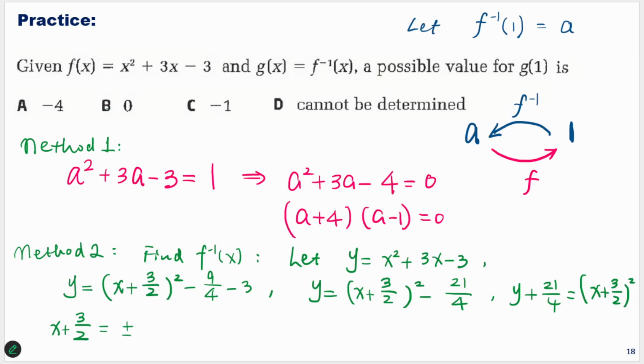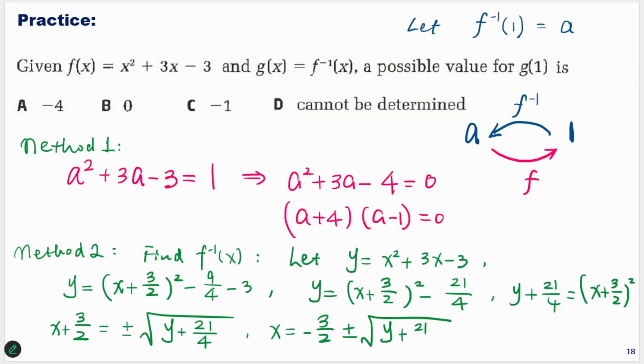Do not forget the negative symbol. Y plus 21 over 4, right? Yeah. And then x equals negative 3 over 2 plus or minus square root of y plus 21 over 4.